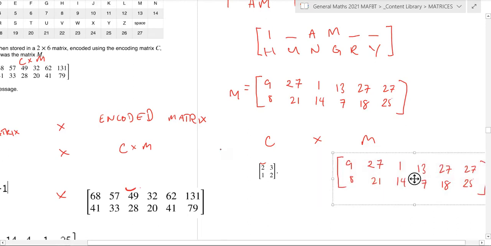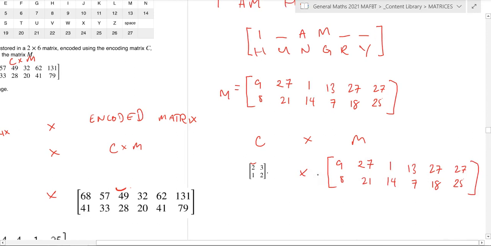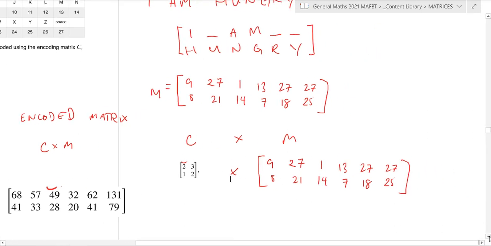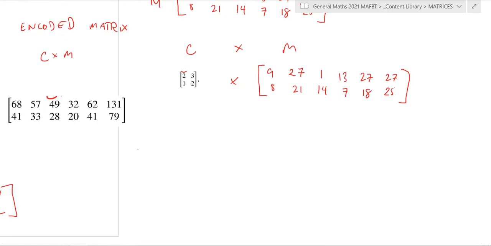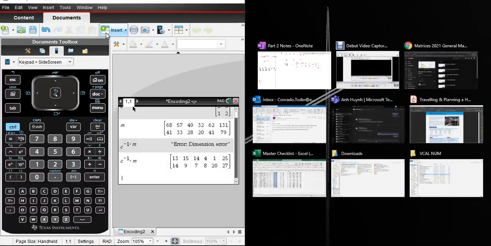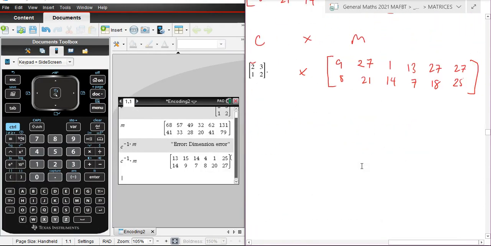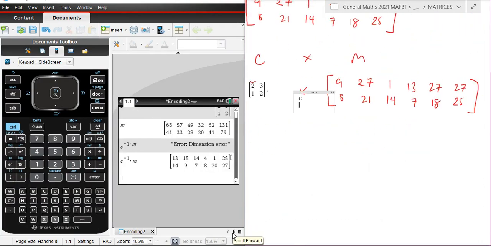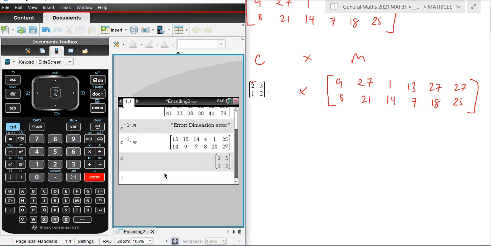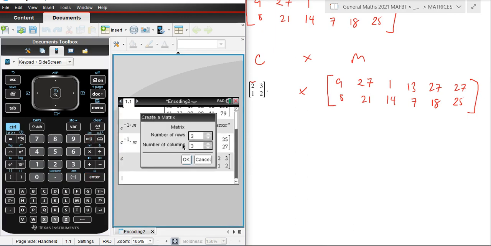So C times M. Now, the tricky part is I haven't actually done this in my calculator, but I will do that now. I've already got matrix C in here, so I'm just going to make a new matrix M. Remember it's always going to be 2 rows and the number of columns will change.